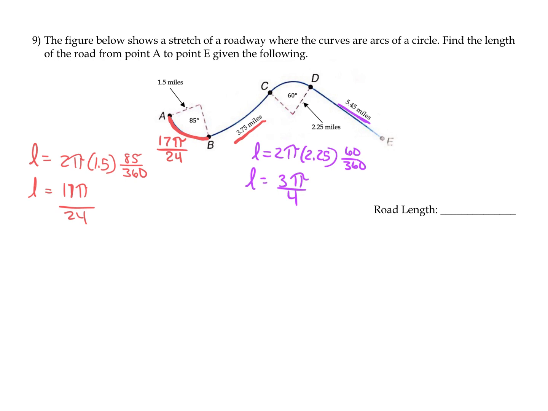I'm going to add my 17 pi over 24, the 3.75, the 3 pi over 4, and the 5.45. Put that into the calculator, and then we're going to round it to the ten-thousandths, and this gives me 13.7815 miles.